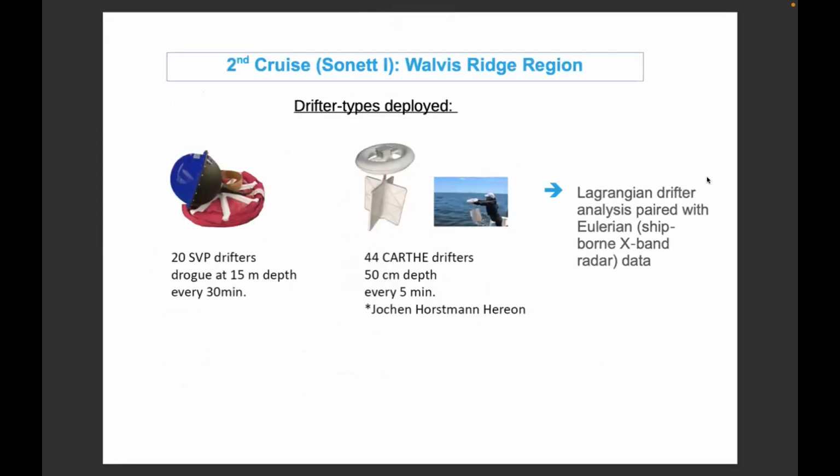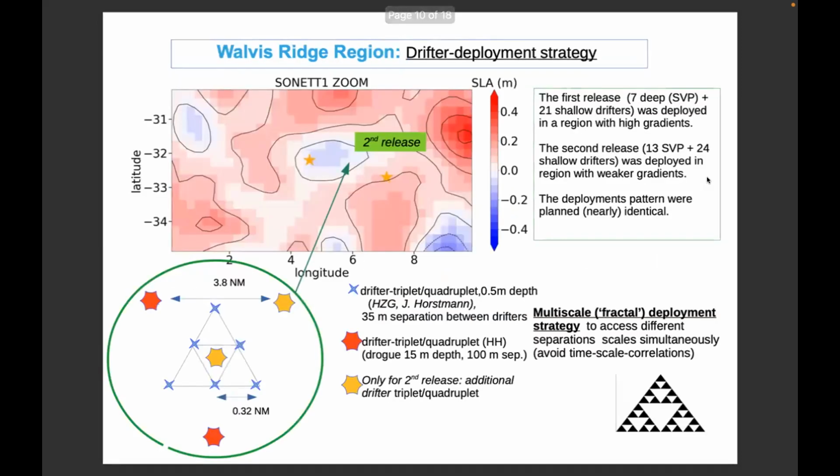The next cruise, led by Marvin Walter from Bremen, gave us the possibility to also have Carthe drifters, which have 50 centimeters depth and radar. I won't go into detail.